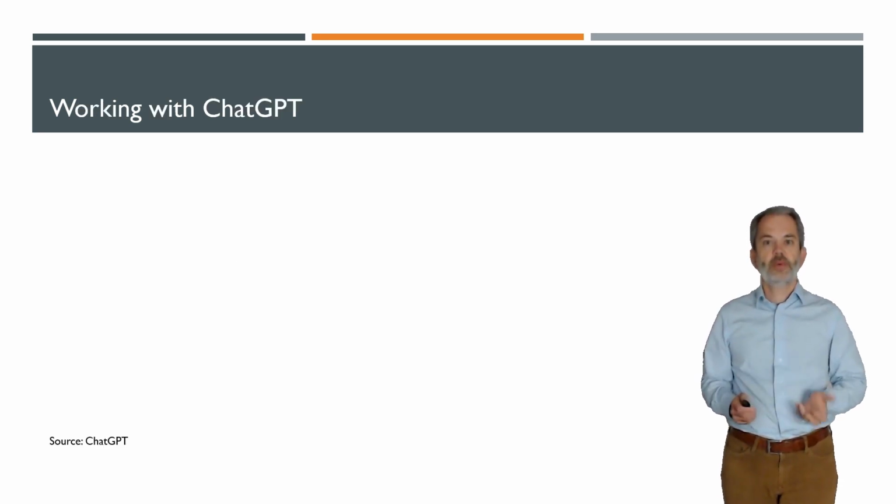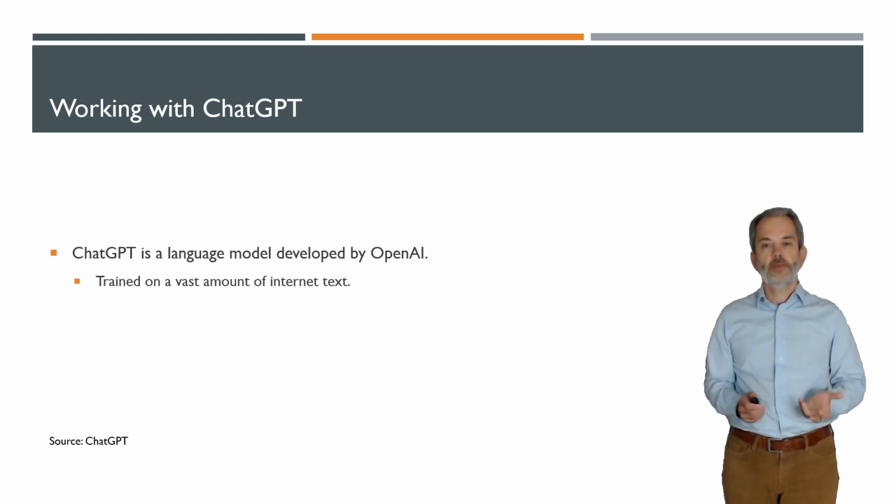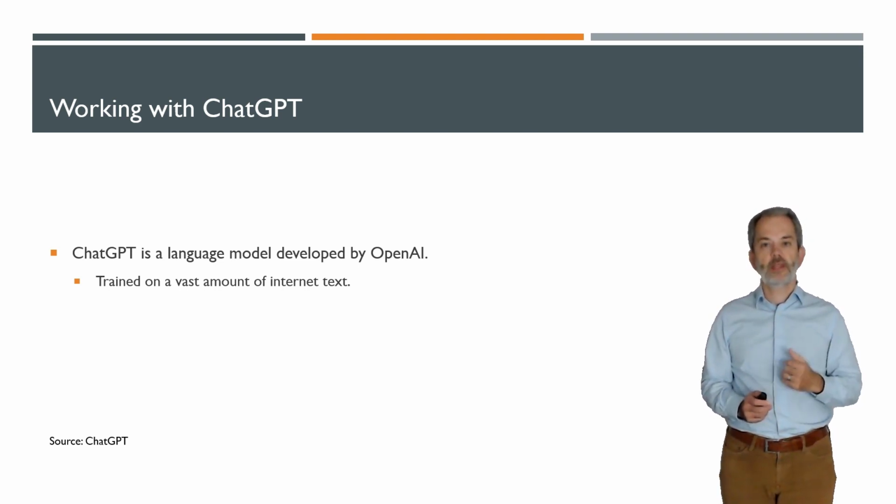So how does ChatGPT work? For this class, I use that as my example of generative AI, but you're free to use others. ChatGPT was developed by OpenAI and uses a large body of internet text as its training material. And this has important implications because it means that any biases in those training materials may persist going forward in the generated content.